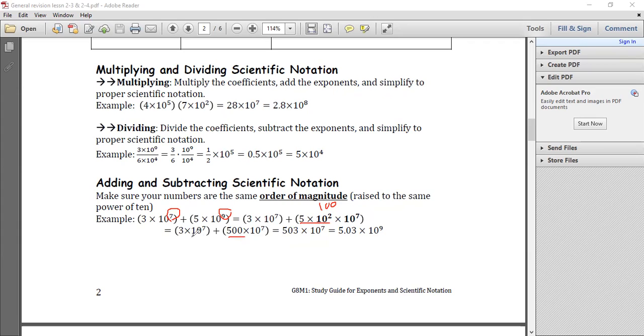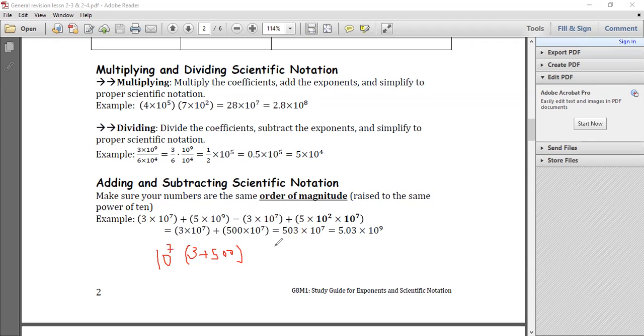Now we have 10 to the power of 7 and 10 to the power of 7. So we will take 10 to the power of 7 as a common factor. The rest should be 3 plus 500. And we took 10 to the power of 7 as a common factor.